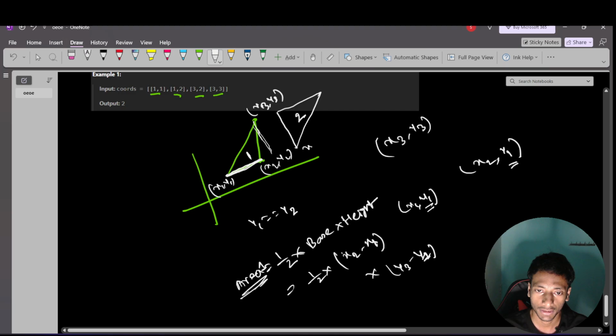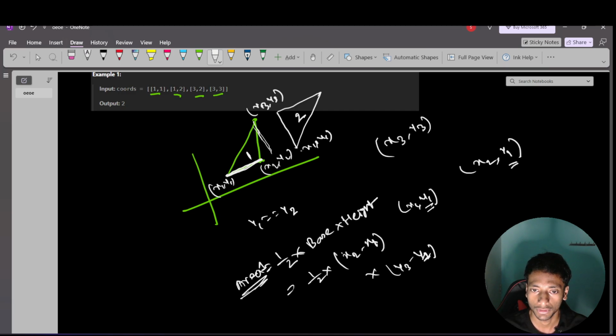Now for the second triangle, suppose this is x1 comma y1, this is x2 comma y2, this is x3 comma y3, and this side is parallel to y-axis. To make this line straight, x1 and x2 will be the same.